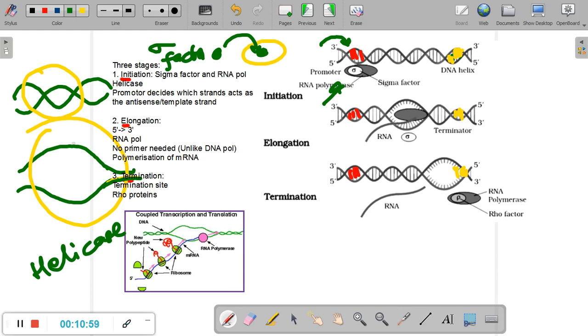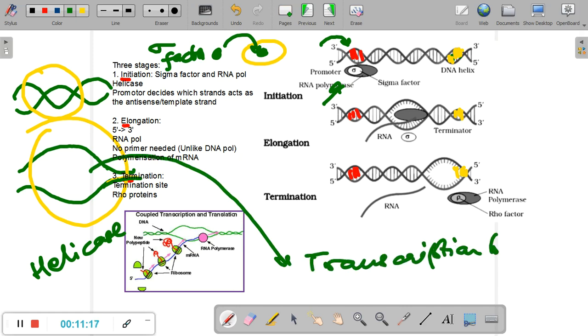So this RNA polymerase has bound to the promoter region with the help of the sigma factor, and now it has split up the DNA strand, and this particular structure that has been formed is again a bubble, and in this case we call it the transcription bubble. It is the equivalent of the replication bubble in DNA replication.